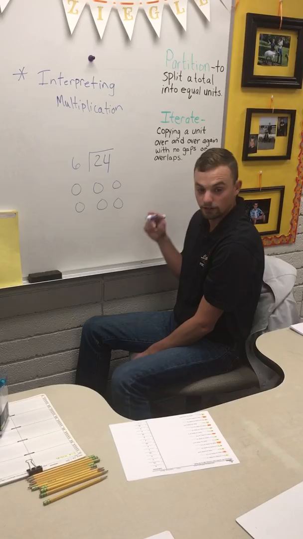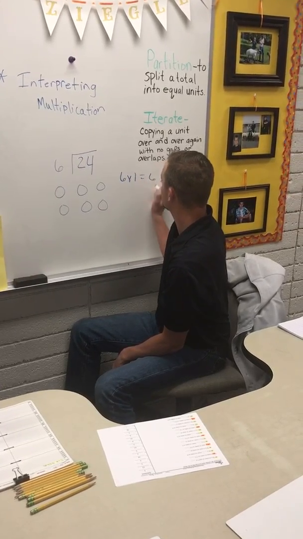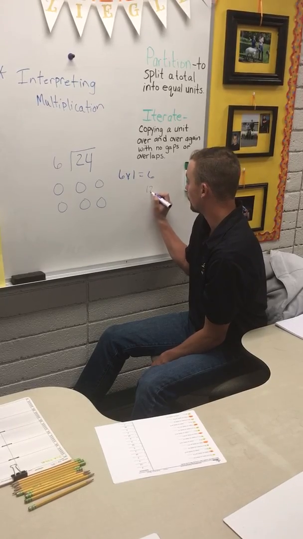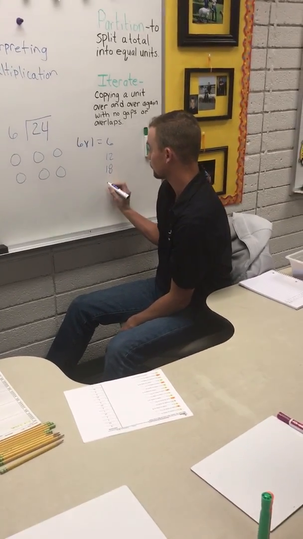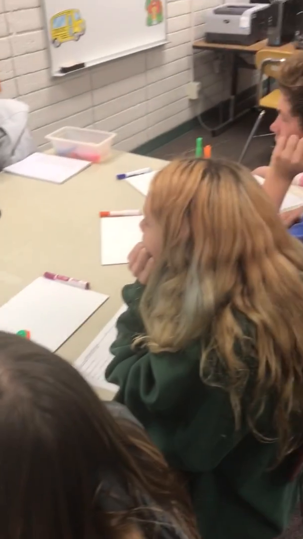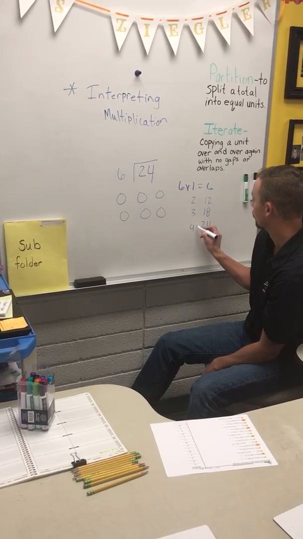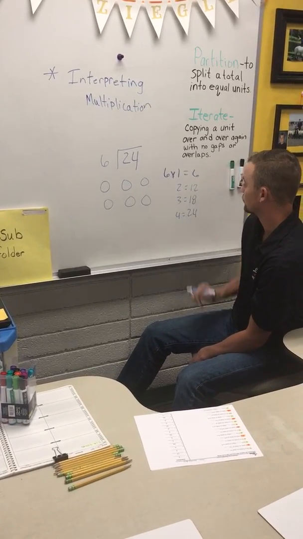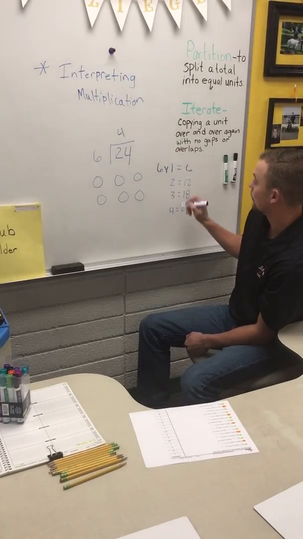Option 2 is you can use multiples. So 6 times 1 equals 6, then 12. Anybody know what the next one will be? 18. The next multiple? 24. So that is 2, 3, 4. Does anybody know the answer just simply from there? 4. Okay, so that's option 2.